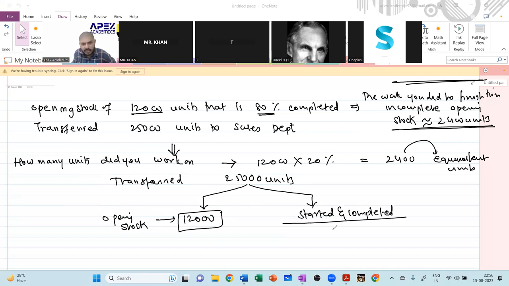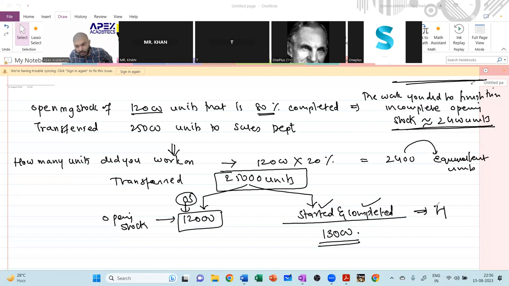You started and completed 13,000 units. How? 25,000 is totally transferred. Out of this 25,000, 12,000 was your opening stock. So what is the balance? Balance is 13,000, which you started in this period, completed in this period and transferred out in this period. Keep this much in mind.